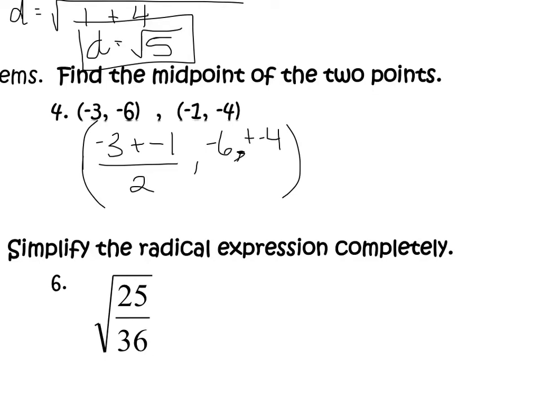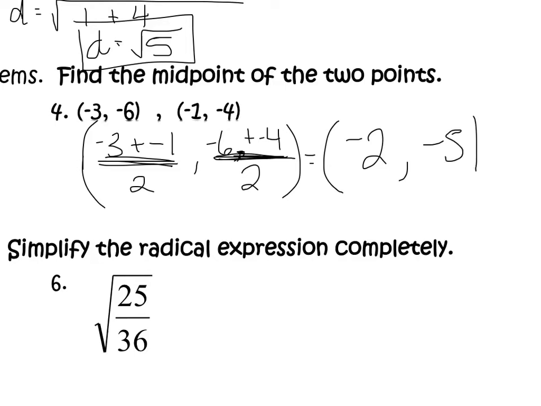Divide by 2. So we get negative 3 plus a negative 1 is negative 4. Divide by 2, you get negative 2. Negative 6 plus negative 4 is negative 10. Divided by 2 is negative 5.